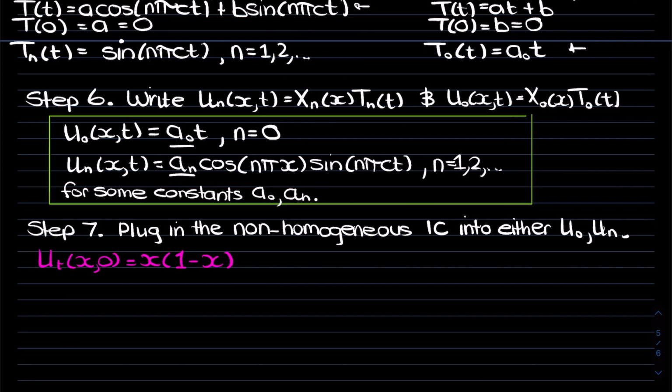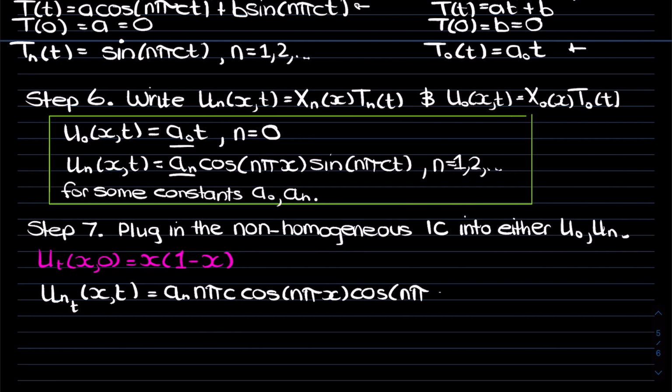Normally what you would do is, because we've got a derivative here, we need to take the derivative of u n. So we'll say u n t of x,t, and that will equal a n n pi c cosine n pi x cosine n pi c t.